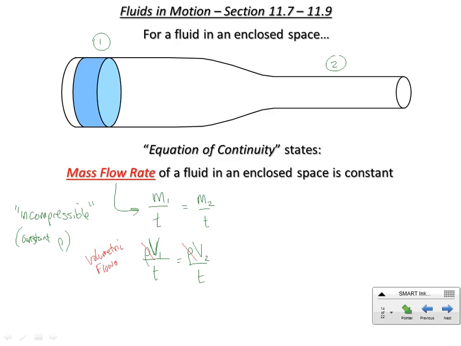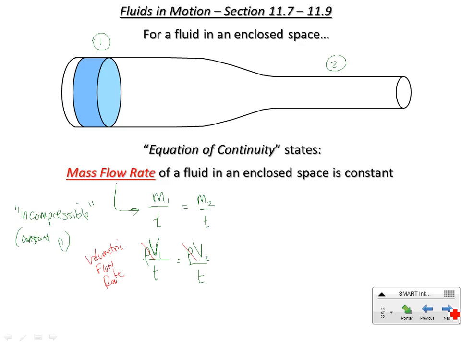So volumetric flow rate has to be constant, which might be easier to understand than the mass flow rate. This says that if a gallon of water per minute comes into a point, then a gallon per minute must leave that point, because where else would the fluid go?